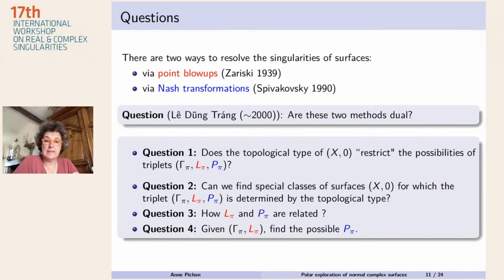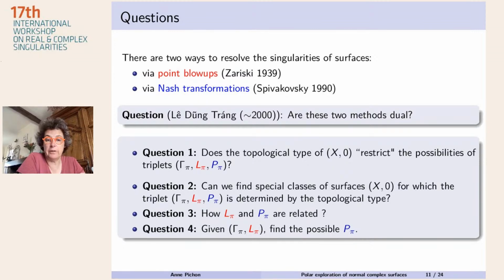So the first question is: does the topological type of X0 restrict the possibilities of the triplets gamma pi, L pi, P pi? In other words, starting from the topology of X or from the minimal resolution graph of X, can we recover all the possibilities for these triplets?